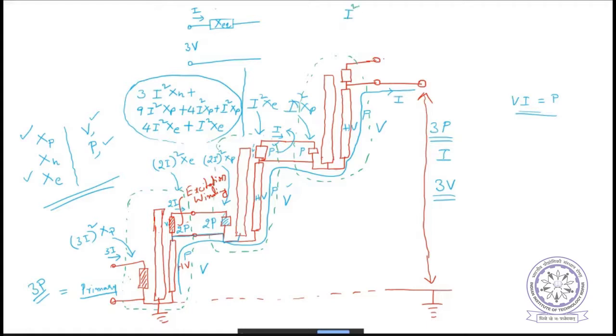I square, I will take it common: 3XH plus 14XP plus 5XE is the total reactive power, which we have to equate to I square into X equivalent. Therefore, this is the quantity which is X equivalent.